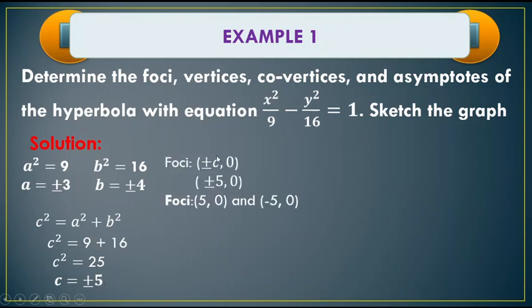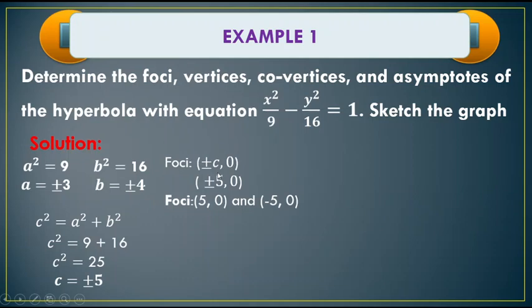Now, para makuha si foci, di ba sabi ko nga sa inyo, ang foci, ang kapartner niyan na kinukuha natin, yung mula kay c. Kaya kung ano yung value ni c natin, siya yung i-add, isusubtract natin mula doon kay h or k, depende kung anong orientation ng ating hyperbola.